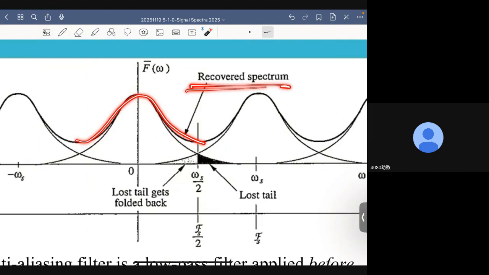And this is the recovered spectrum, which is different from the true spectrum, okay? Now, for this shaded area, we call it lost head getting folded back. And this dark area is what we call lost tail, because after the low pass filtering operation, we can kiss it goodbye. It will never be there, okay?